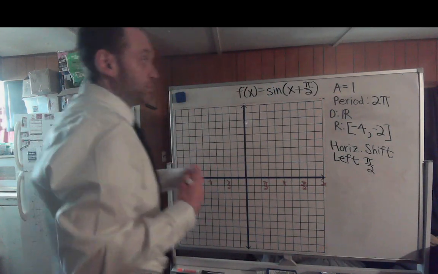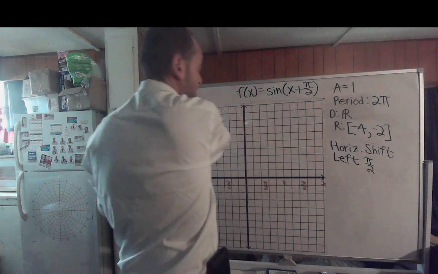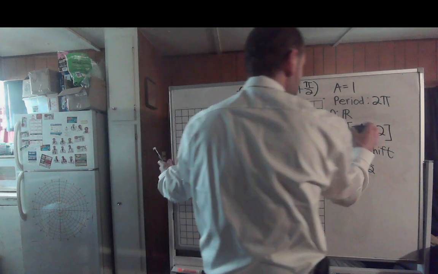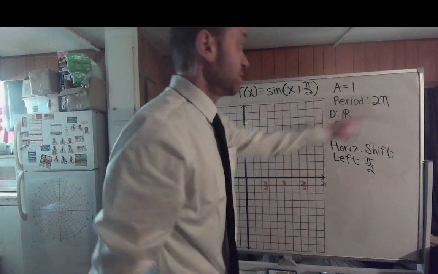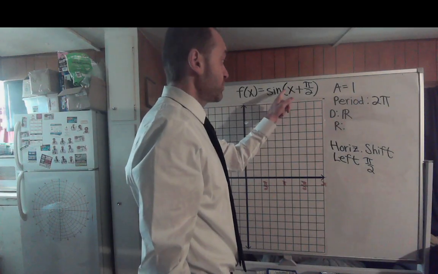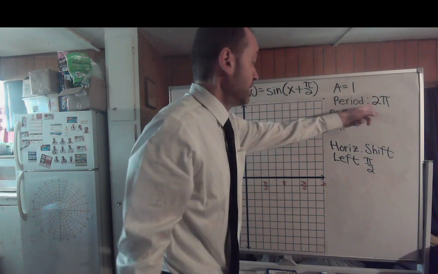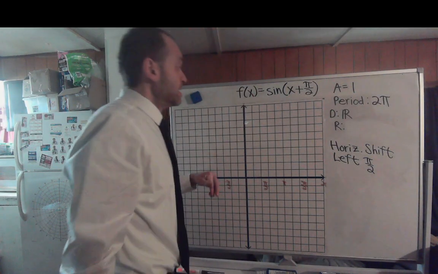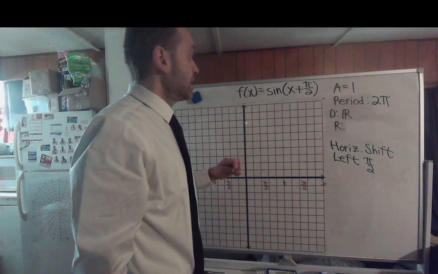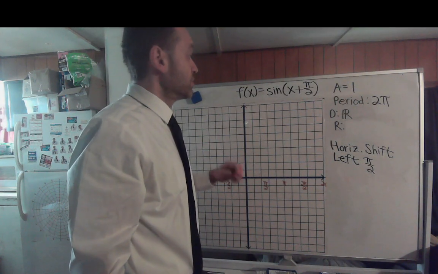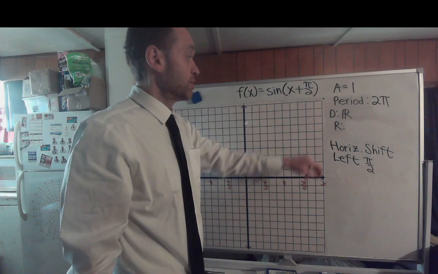Now, your amplitude's still 1 because the coefficient on sine is 1. Your period is still 2 pi because the coefficient on x is 1. Your domain's still all real numbers.